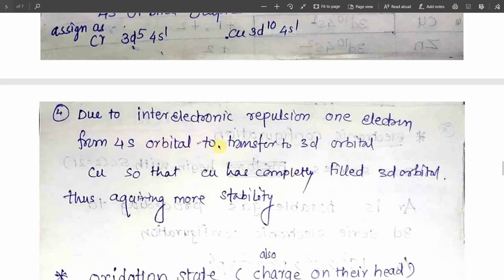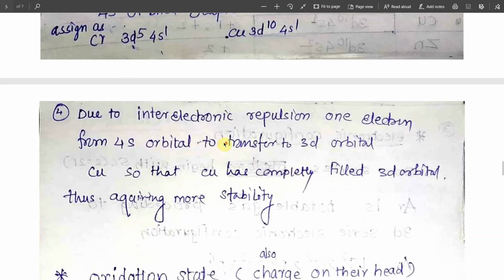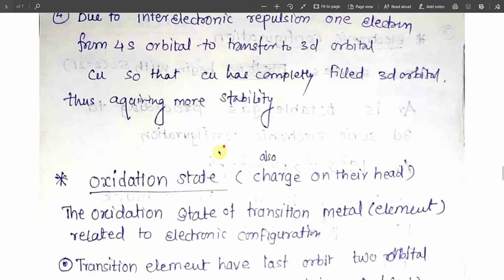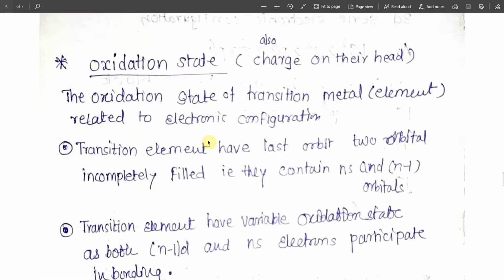Due to their inter-electronic configuration, there is more stability. So copper is the most stable, due to the repulsion of the 4s and 3d inter-electronic repulsion.